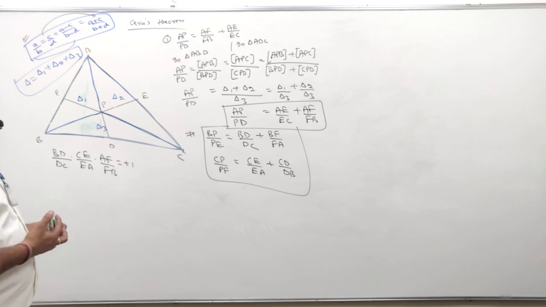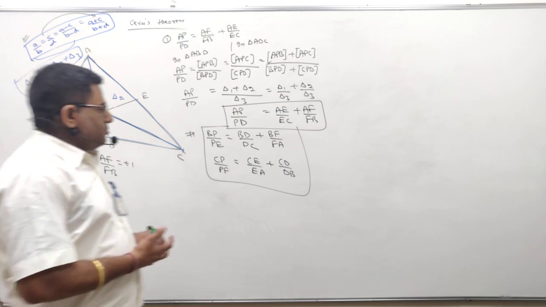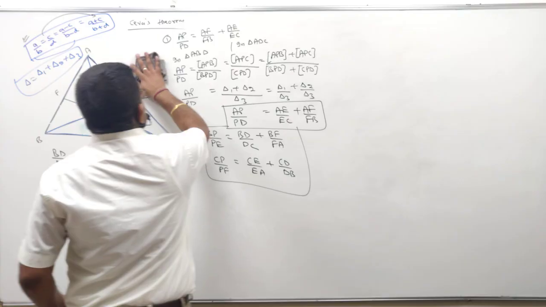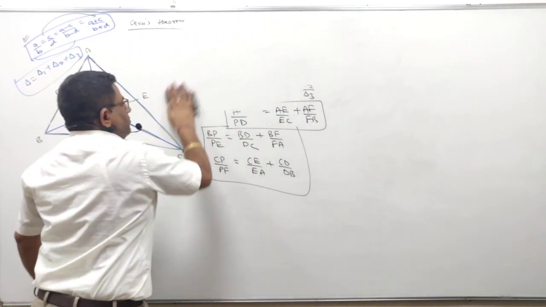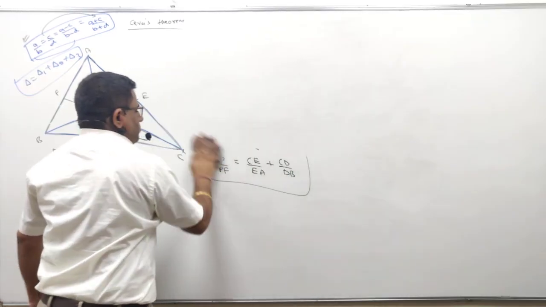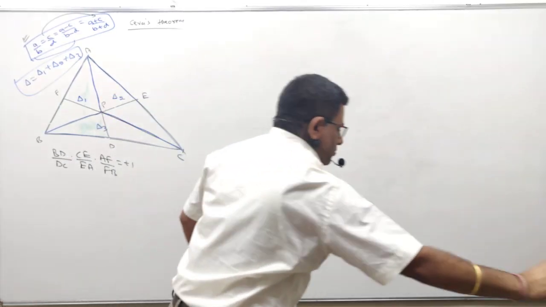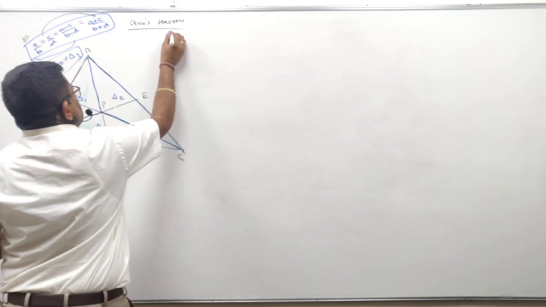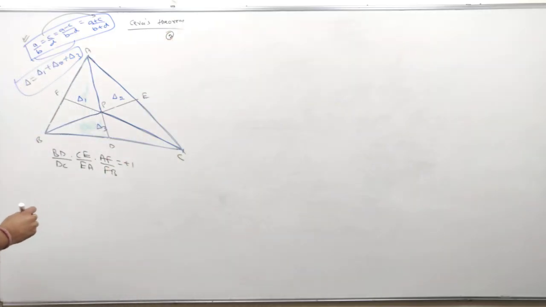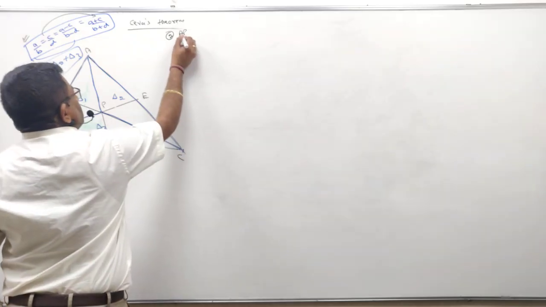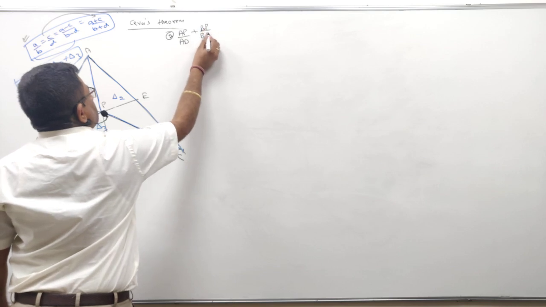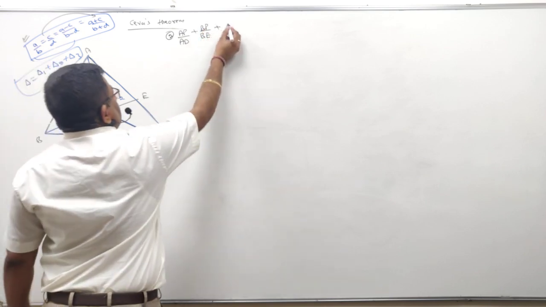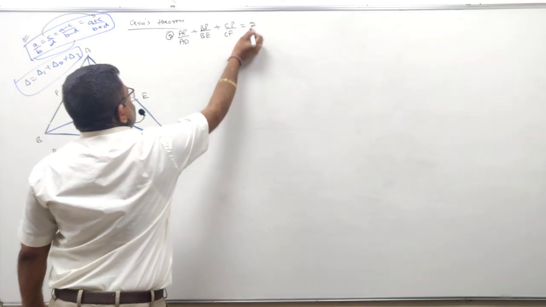Now I will derive some more important results based on Ceva's theorem. Second result is AP upon AD plus BP upon BE plus CP upon CF is equal to 2.